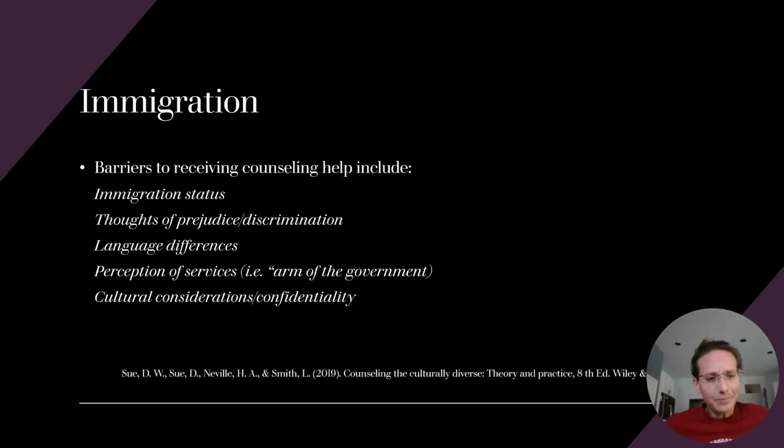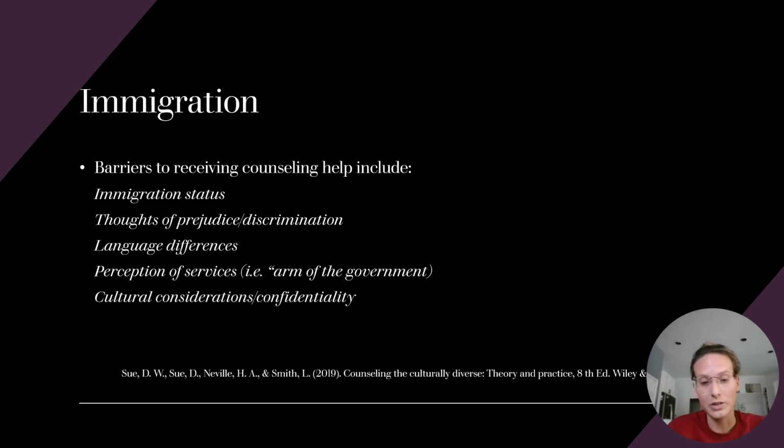So, immigration as a whole. At my school, we have a lot of immigrant children or children of immigrants. When it comes to the actual counseling and mental health aspect of the job of a school counselor, the immigration status of the child or the parent may play a big role, just because they might have just recently gone through something traumatic.